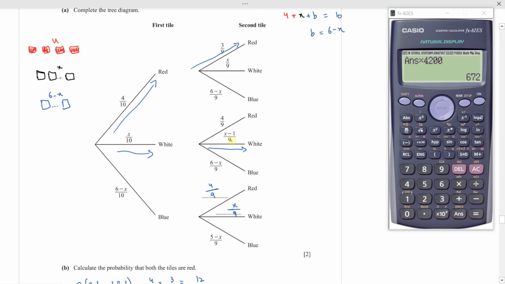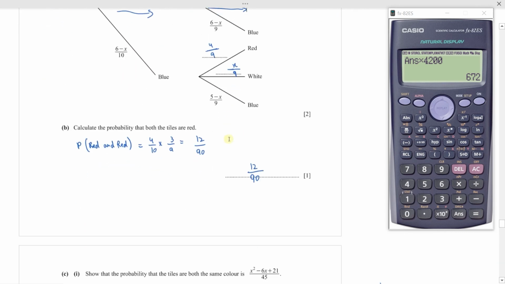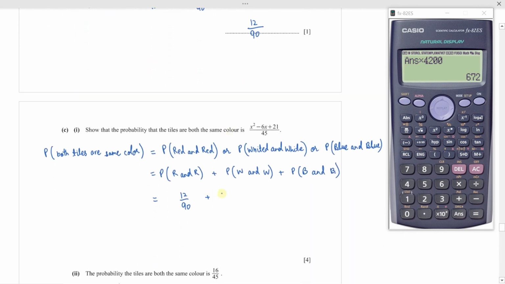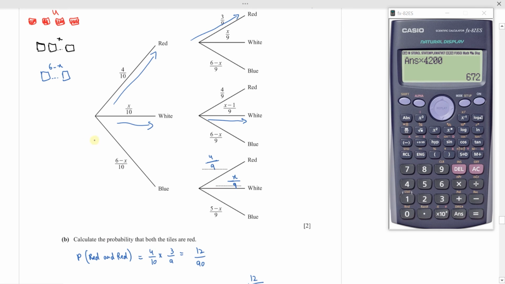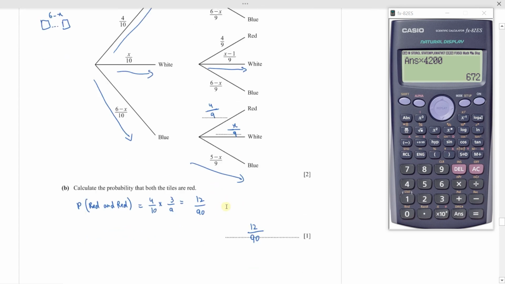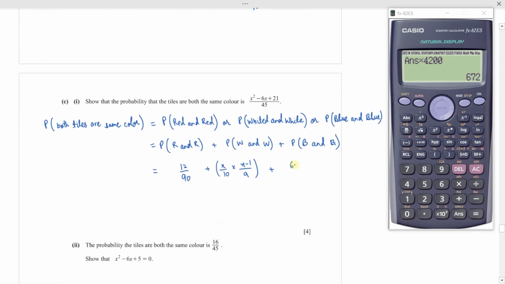So that is x over 10 multiplied by x minus 1 over 9, plus, what is the probability that you get blue and blue? So blue and then blue here as well. So 6 minus x over 10 multiplied by 5 minus x over 9.